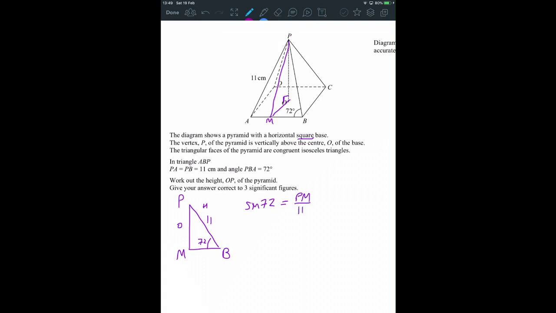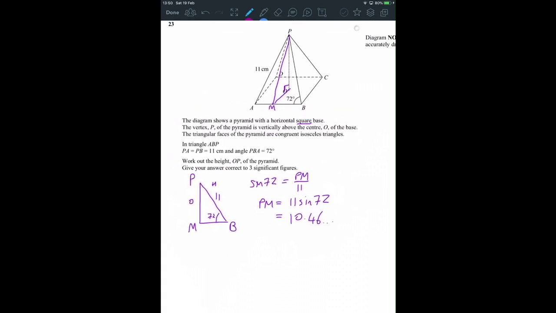Using labelled names, again, is one of the things that the examiners find incredibly useful in following your working. Typing that into my calculator, 11 sine 72 is 10.46 dot dot dot. I'm going to keep that in my calculator for when I use it again. Well, that was one side in our final PMO triangle.